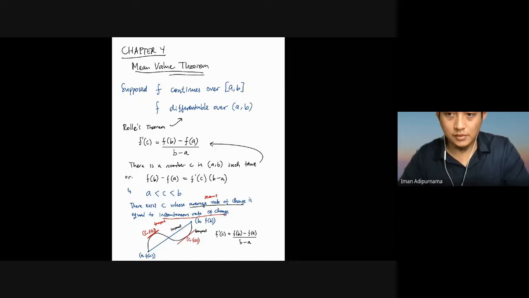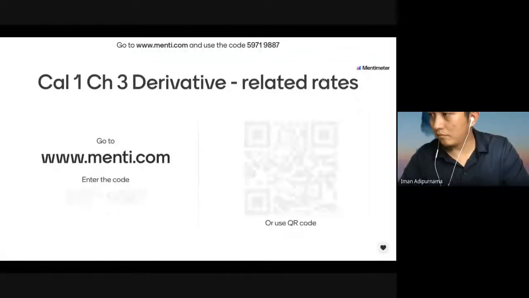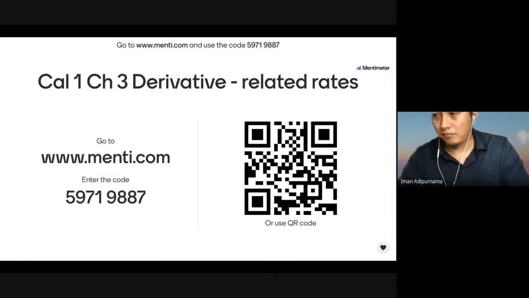Okay, this will be about the related rates. I already prepared the numbers to be not too complicated or too difficult to calculate.